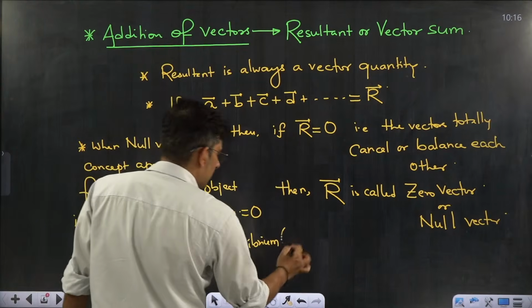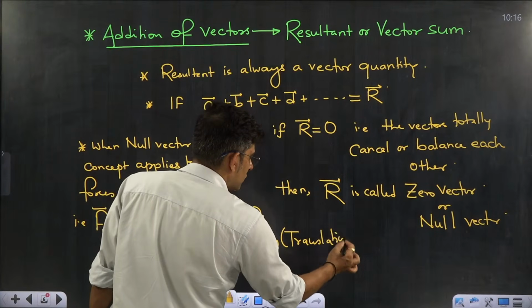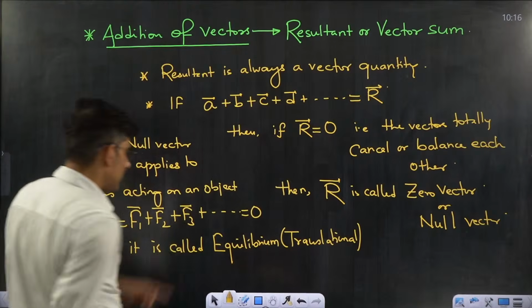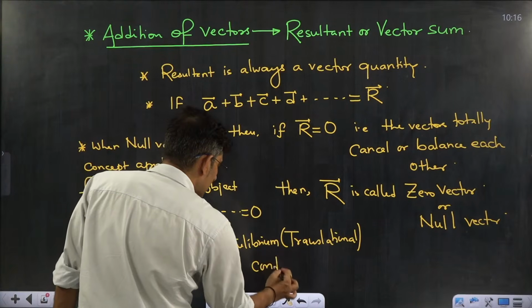And what type of equilibrium, that also in detail we will be studying later in the chapter Newton's laws of motion. Presently I am just writing the name. Translational.